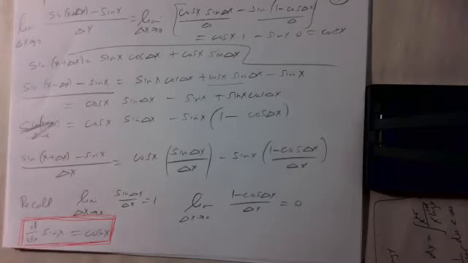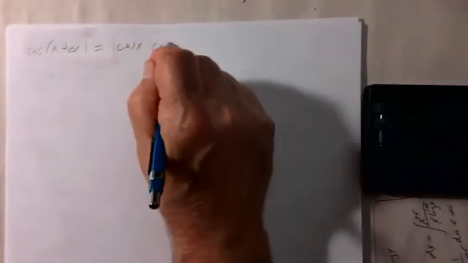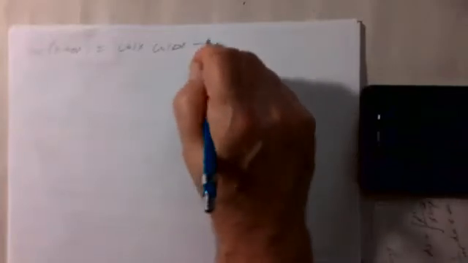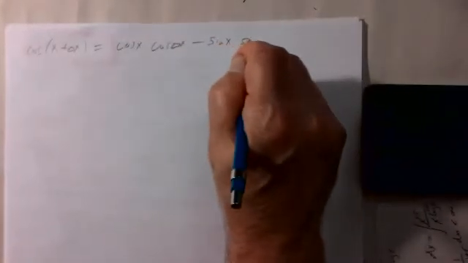Okay. And how do we prove the derivative of the cosine? So we have to remember and use the addition formula for the cosine. The cosine of the sum of two angles, in this case, I'll call one x and the other delta x, is cosine x cosine delta x minus sine x sine delta x.